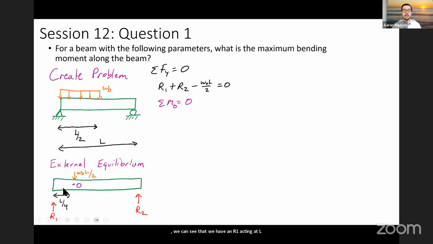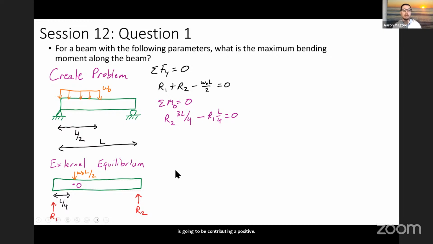If we say that the axis we're thinking about is coming out of the board, then this R1 L over 4 would be contributing a negative component of moment, and the R2 is going to be contributing a positive moment.